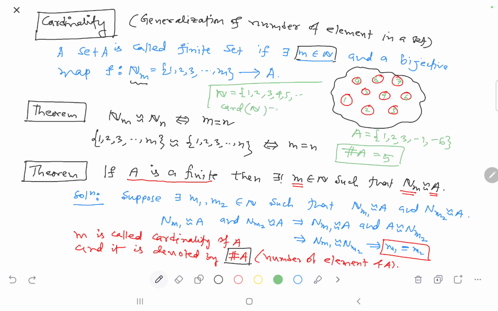Is it finite or not finite? This is not finite. So although the cardinality is infinite, we can compare them, to see which set has more elements. That we will see.